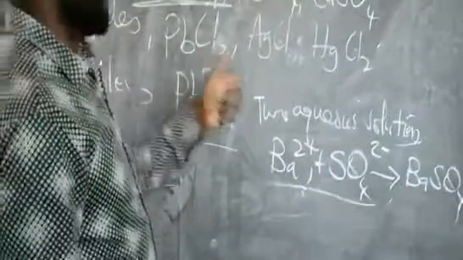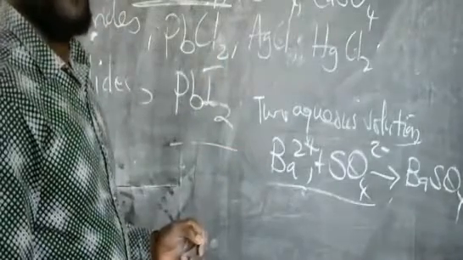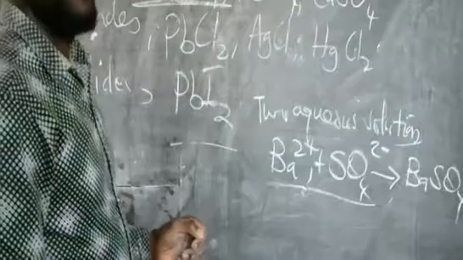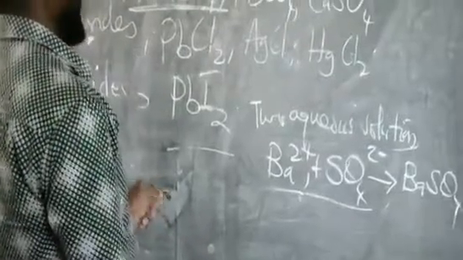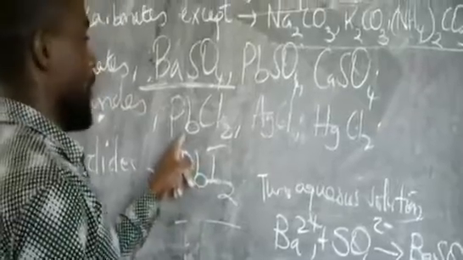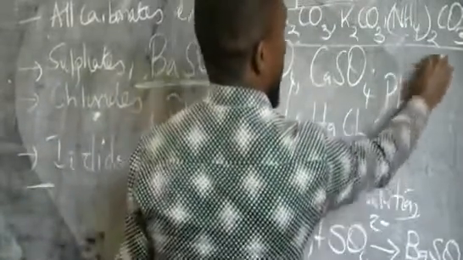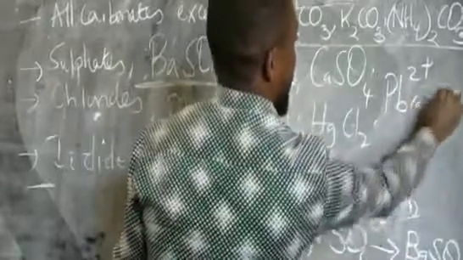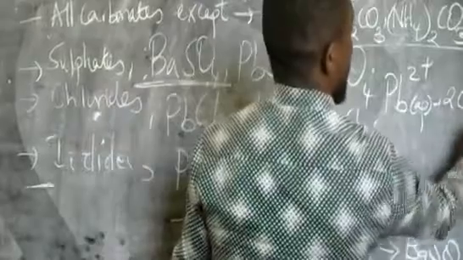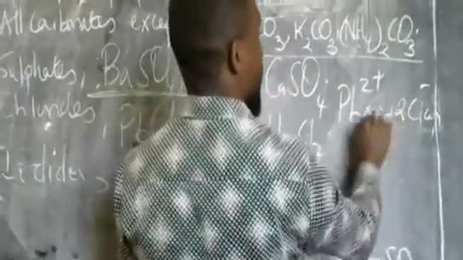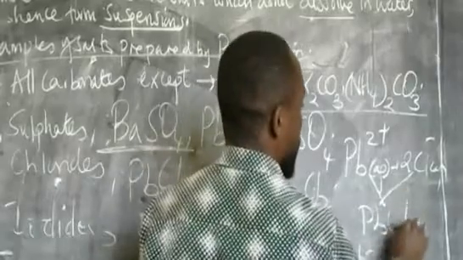When you are obtaining an insoluble salt, if you want to prepare lead 2 chloride, you must have one solution having lead 2 ions and another one having chloride ions, such that if these 2 ions come into contact, they will simply give you lead 2 chloride.